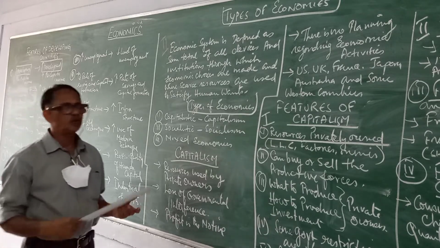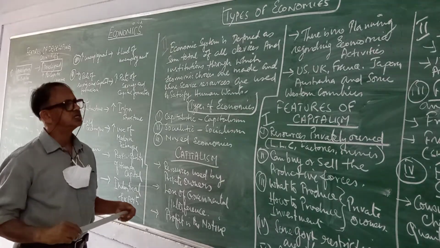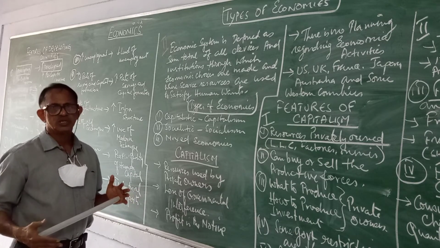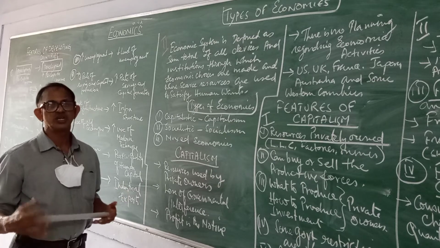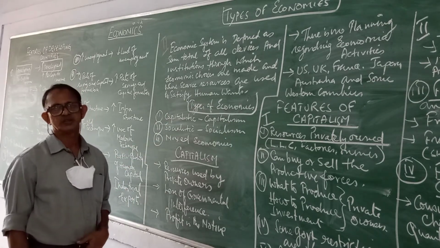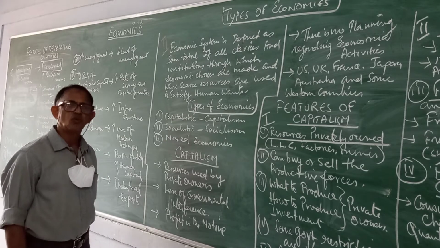Economic choices take place because resources are scarce. With this available scarce resource, economic choices are efficiently made, thereby satisfying human wants, or in other words, satisfying the consumer's wants.